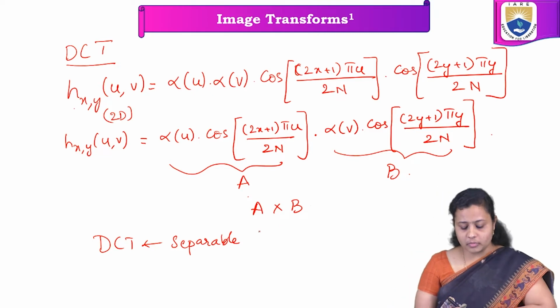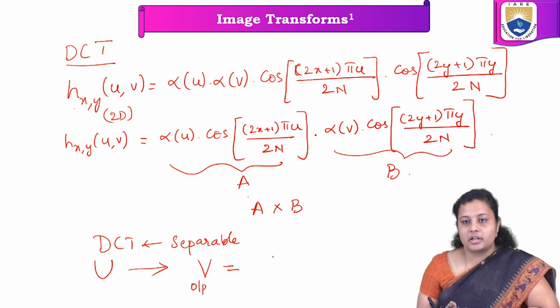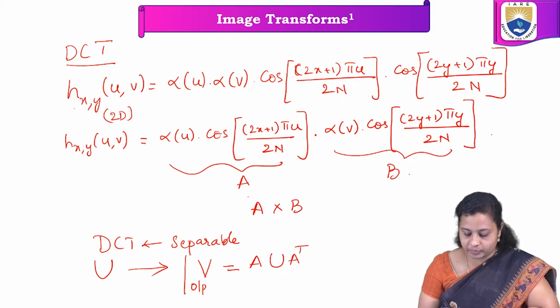Now, we have seen that if the input image is, say, u, then my output transform function, which is v, the output image, I can represent it by a multiplied by u multiplied by a transpose.